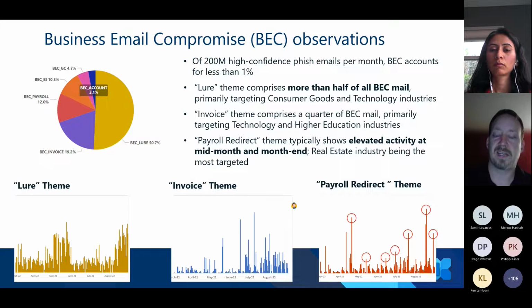Honestly, we see spikes almost every 2 weeks specifically around this type of theme, where it's trying to get people to redirect right during their payroll period to make those adjustments. Invoice has been primarily seen targeting technology and higher education most recently, with payroll focusing mostly on the real estate industry in most recent times.